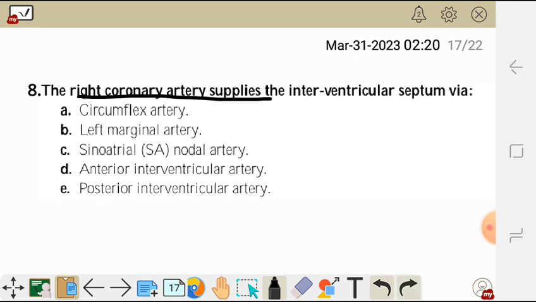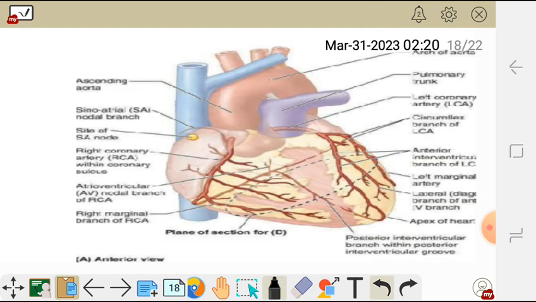So question 8. The artery by which the right coronary artery supplies the interventricular septum is the posterior interventricular artery. Okay, so this is the right coronary artery. It goes posteriorly and it has this branch here which is called the posterior interventricular branch.